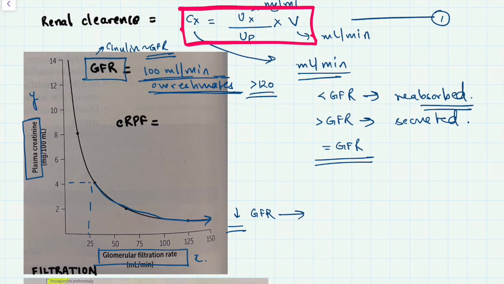Low GFR means increased plasma creatinine, right, and this is the marker that we use in our wards as well to estimate the function of the kidneys. And as the value of the GFR increases, that is, it reaches a value of 125, the creatinine reaches a value less than 1, right.